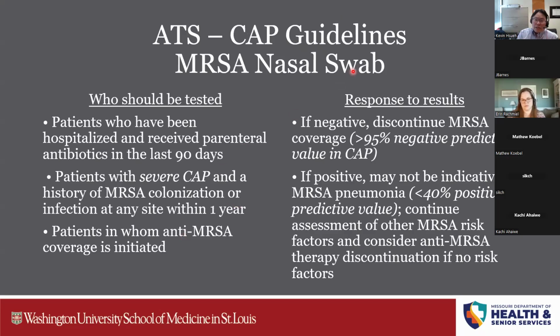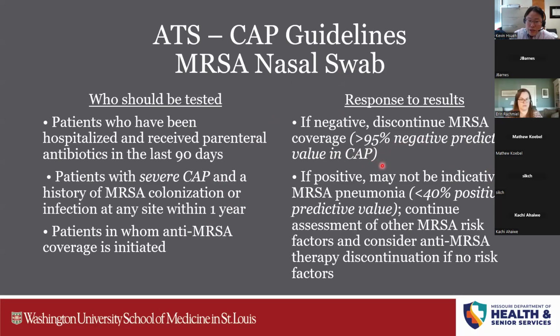So a slight digression to the use of MRSA nasal swabs. This is based on studies done in the 2010s, which showed that negative MRSA nasal swabs for community-acquired pneumonia had a greater than 95% negative predictive value.